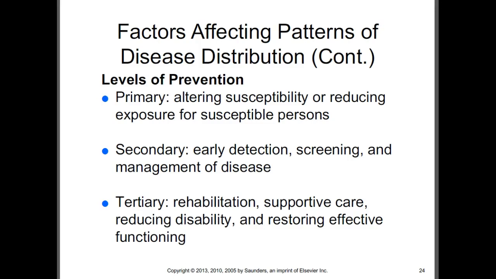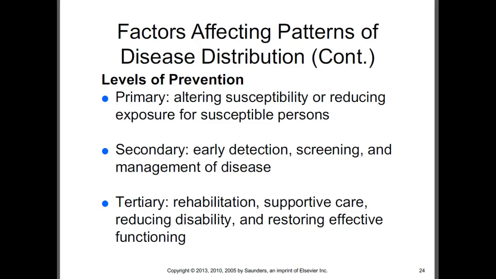So that we can try to minimize their signs and symptoms if possible. Tertiary, well, the person already has the disease, so what can we do? Let's provide, you know, supportive care, maybe to try to return their health back to normal as much as possible.